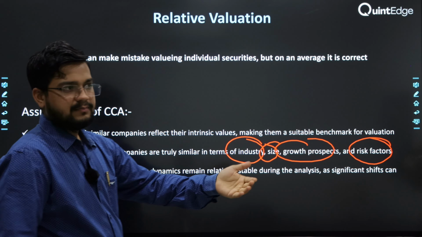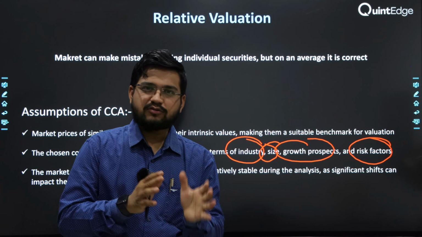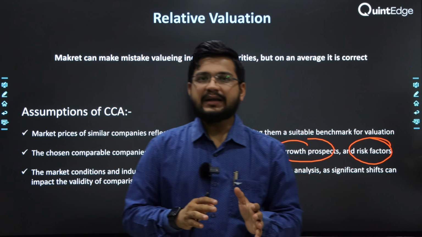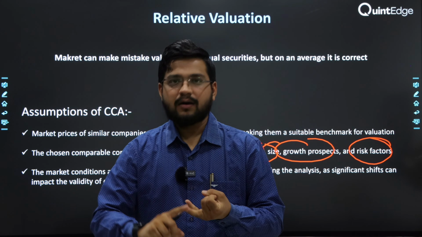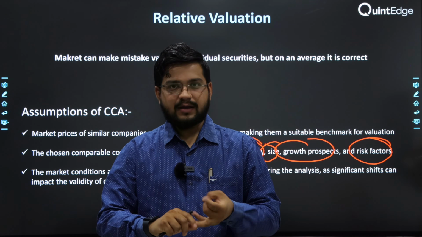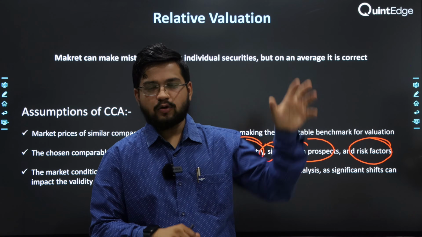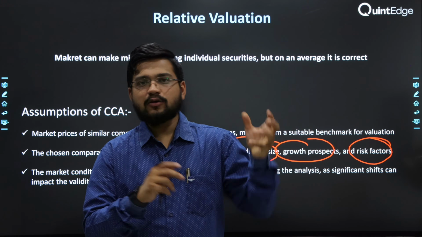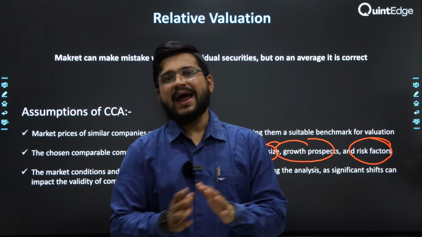Let's consider an example. I want to buy a flat of 1,000 square feet in the Delhi NCR region, where a hospital should be nearby, there should be a school, a market nearby, right? I'll go to a broker, and the broker will say, okay, there is a locality which satisfies all your requirements. In this locality, I've helped other clients buy flats.